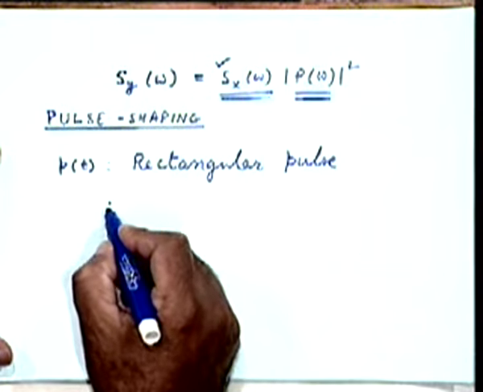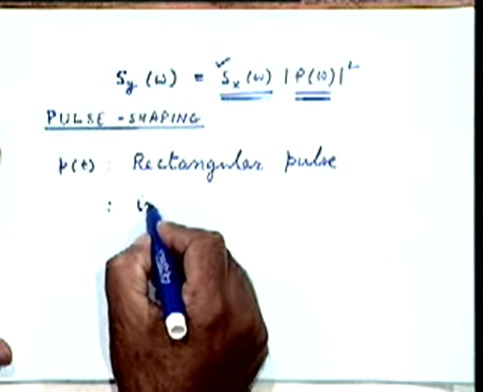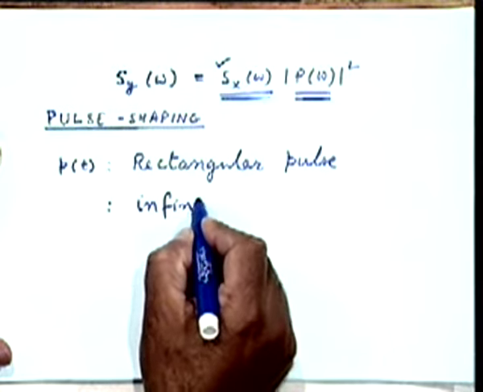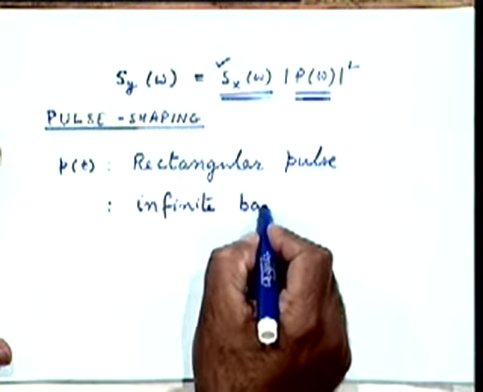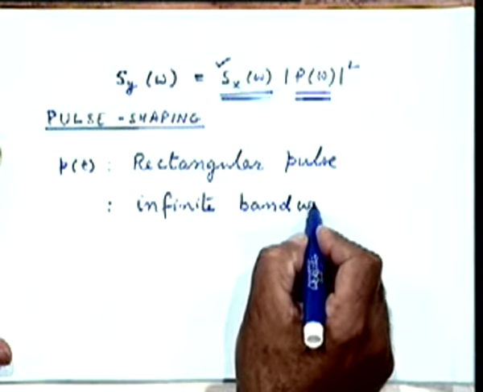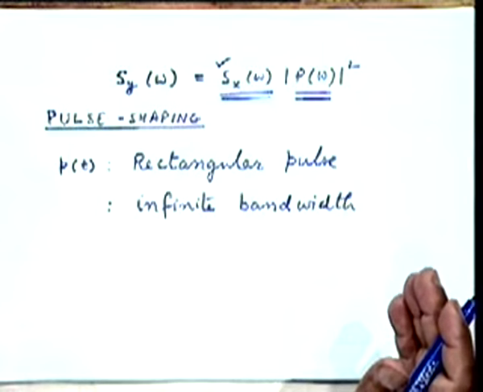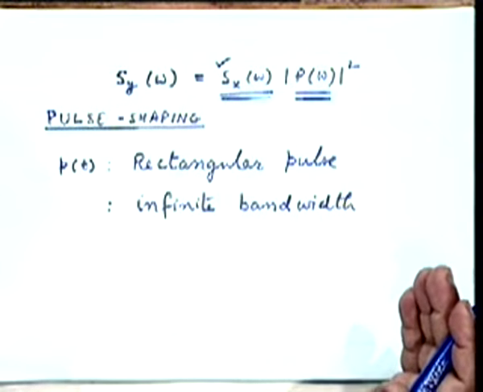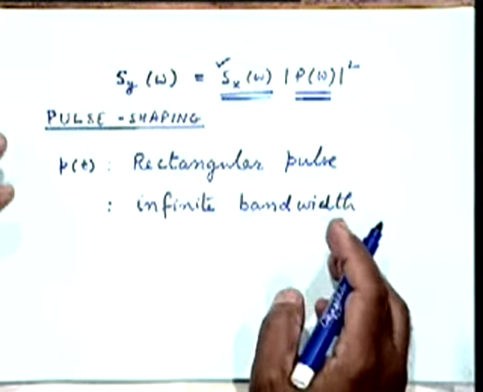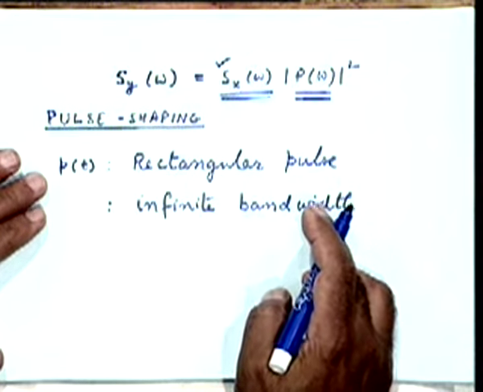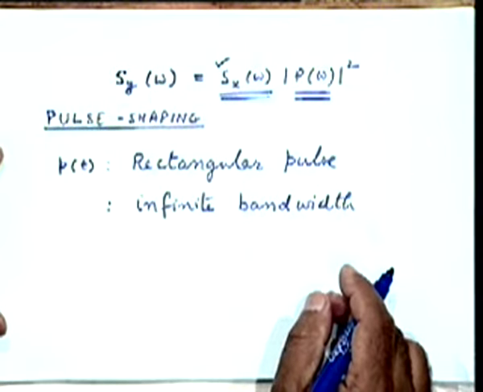So in principle it has not finite bandwidth but a very large bandwidth, although we have argued that most of its energy will be concentrated in the main lobe of the power spectrum corresponding to the rectangular pulse, and therefore we can say that essentially it is band limited, in some sense.